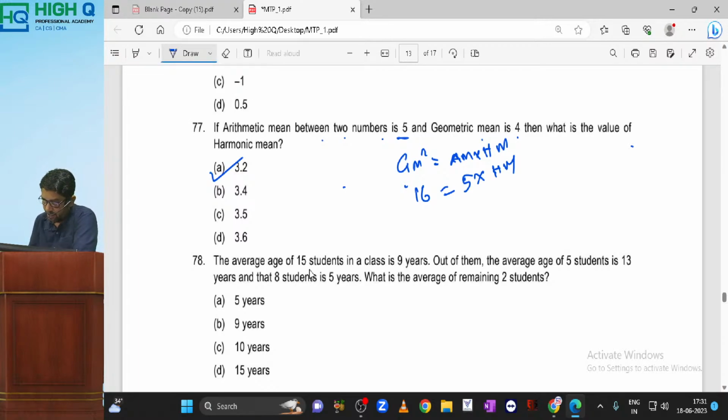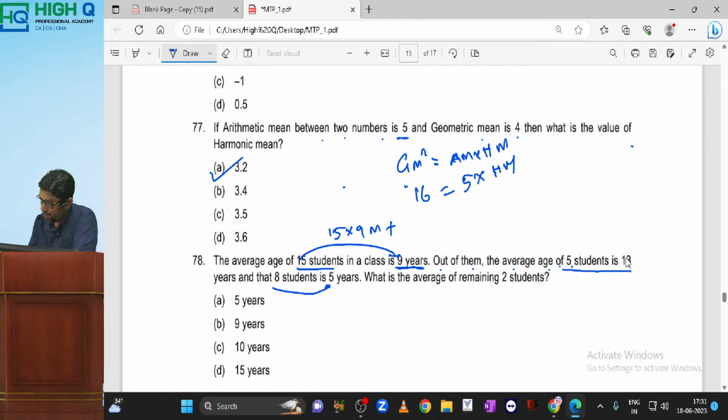The average age of 15 students in a class is 9 years. Out of them, the average age of 5 students is 13 and 8 students is 5. What is the average age of remaining 2 students? My dear, just do what I am saying. Take your calculator. 15 into 9 M plus.